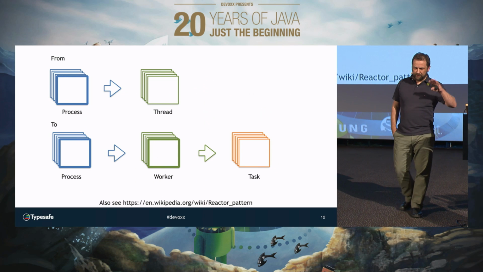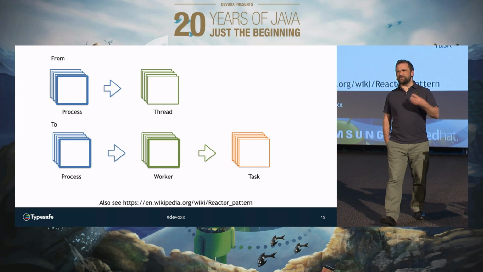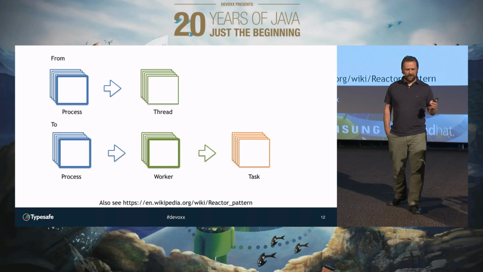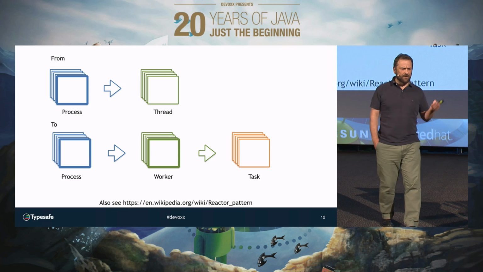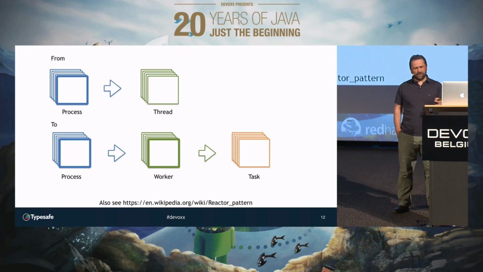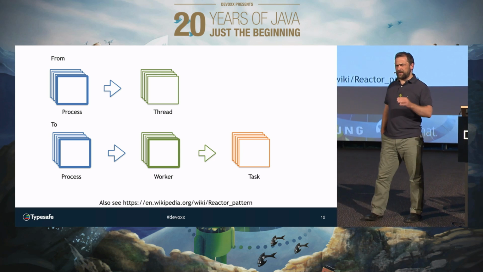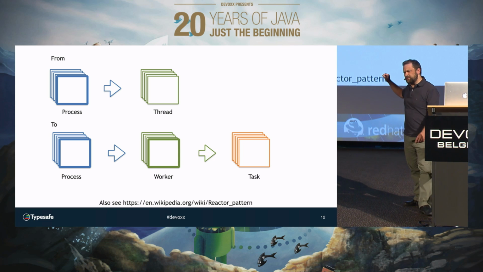But on a more serious level, I think there isn't really an established term for that. I tend to say task because I saw it somewhere in some online course. But there's not really an established word for the sub-thread level concurrency. I'm going to show some terms later. So we don't want just the thread level.